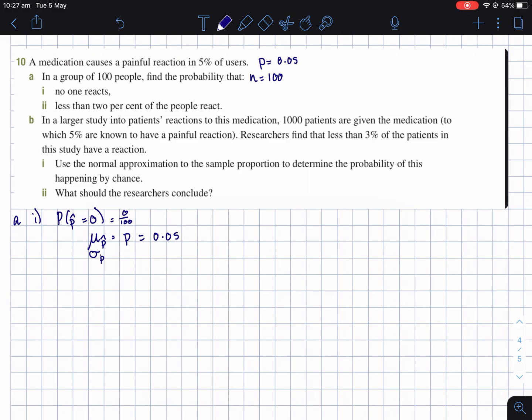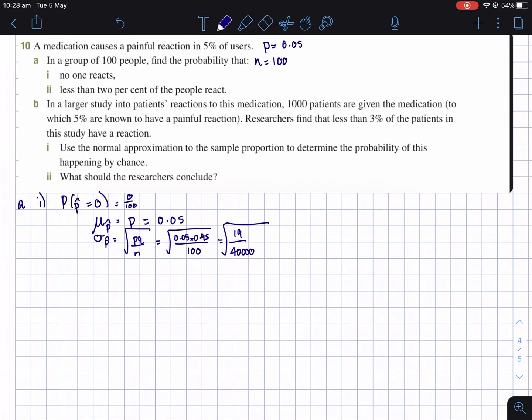The standard deviation of the sample proportion is the square root of PQ over N. So we've got the square root of 0.05 times 0.95 over our 100 people, which is 19 over 40,000, and we're square rooting it. So for the probability that the sample proportion equals 0, to figure it out, we're going to have to find the z-score for that.